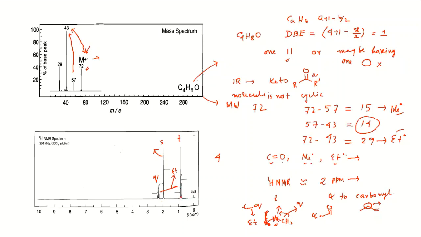That means 3 carbons have protons and 1 carbon has no proton. So you are confirming further that you have ethyl, and another carbon having protons which is not splitting.